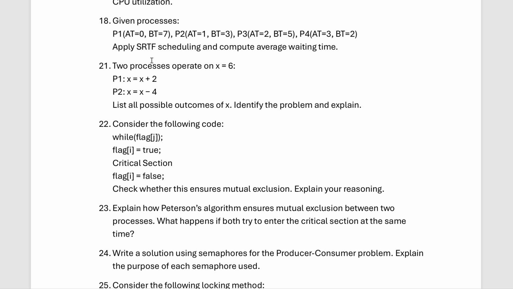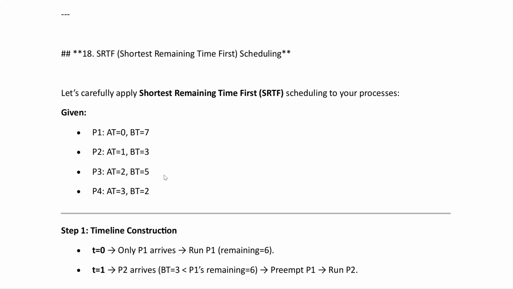If there is another process which has less burst time, then the process being executed will be preempted. The CPU will be taken away from that process, and if any other process has the shortest remaining burst time, it will be given a chance for execution by the CPU, right? So that is the preemptive version, SRTF.